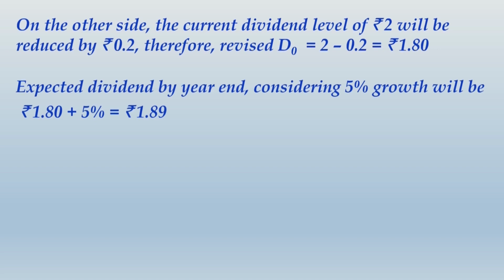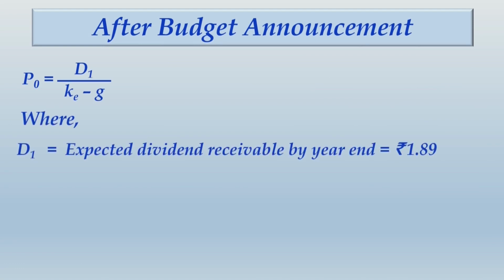Alright friends, after we have written the implication of the budget announcement and calculated some small required values, let us move ahead and show the calculation of P0, that is the present value of the share after budget announcement. We will define the variables now a little differently. I mean, the definition remains same, the value will change.